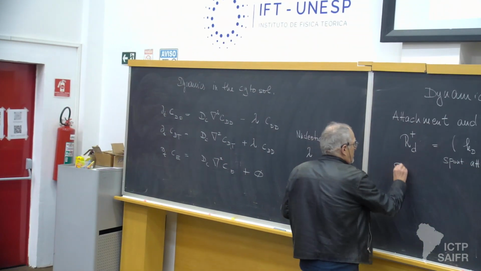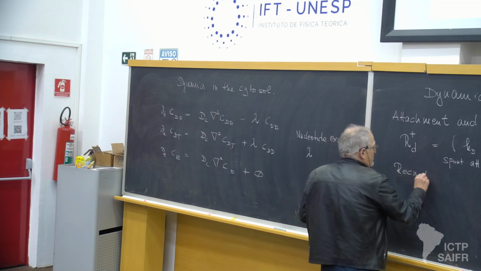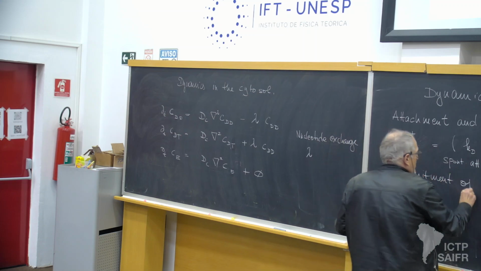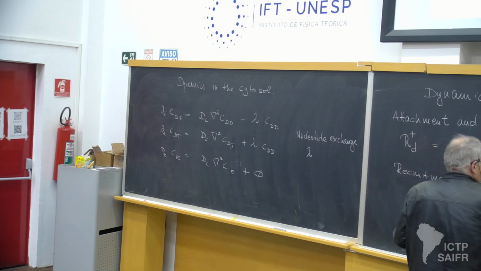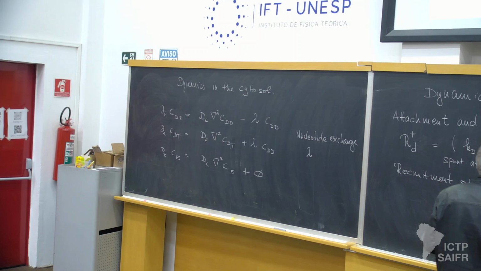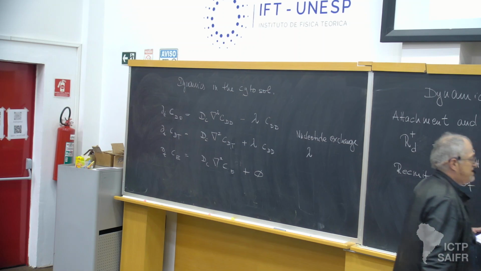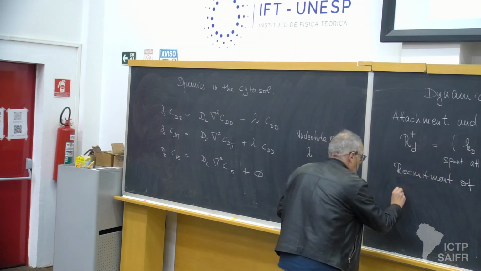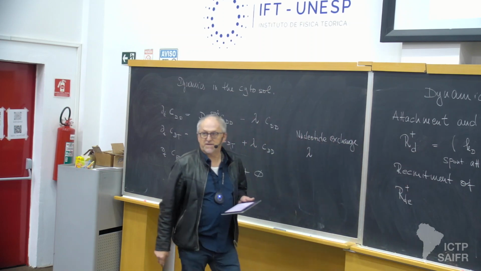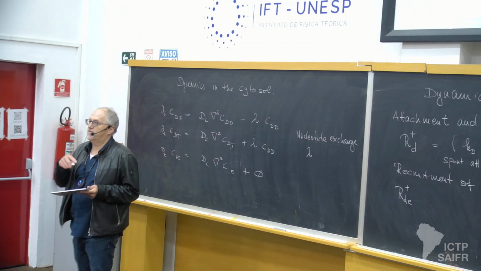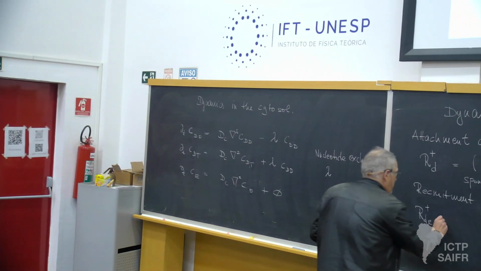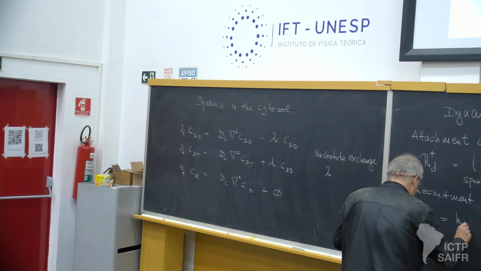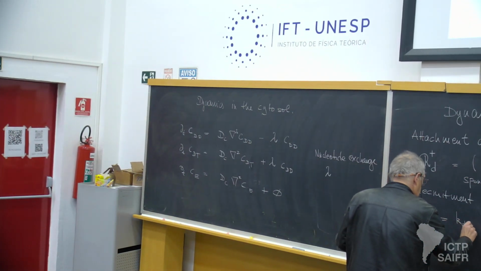Now, what about the recruitment of the min-E by the min-D ATP that's residing on the membrane? And I call this R_DE plus to indicate that this is recruiting of min-E through min-D. What should I write? I'll give you the rate, because that's the per capita rate, k_DE.